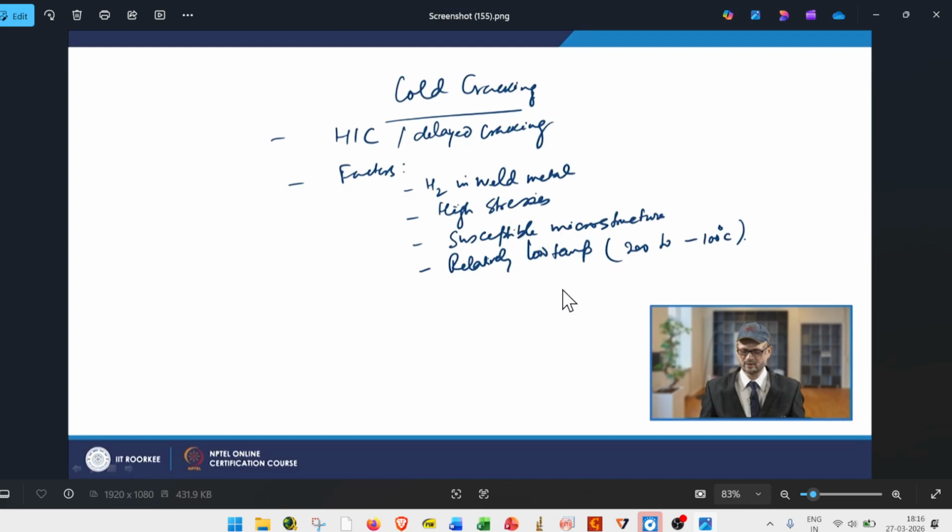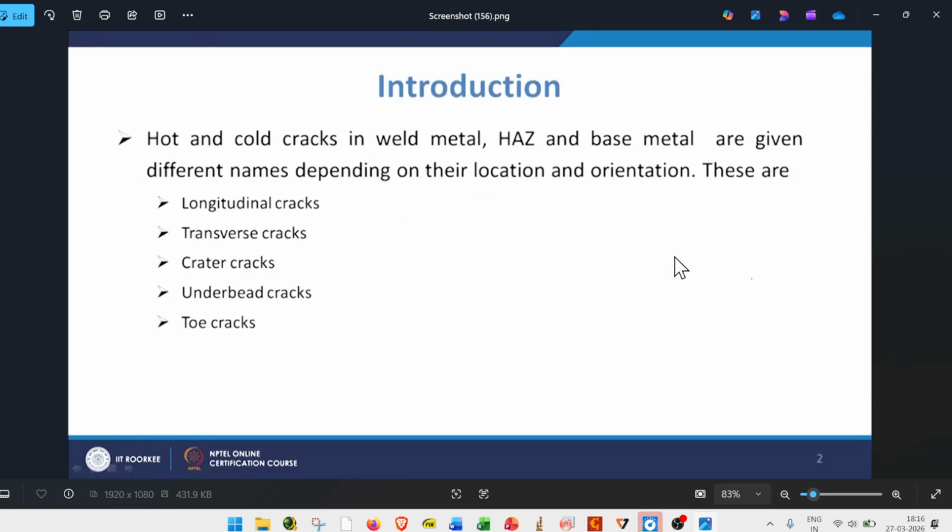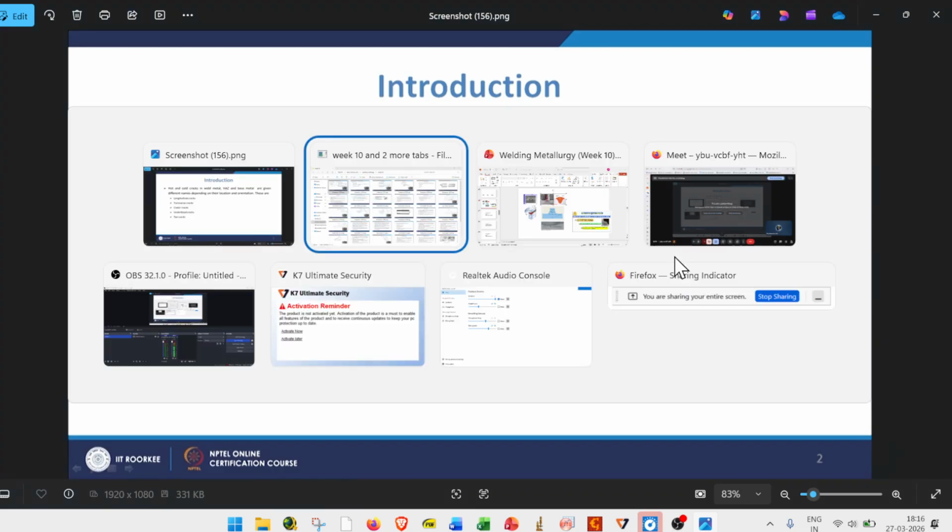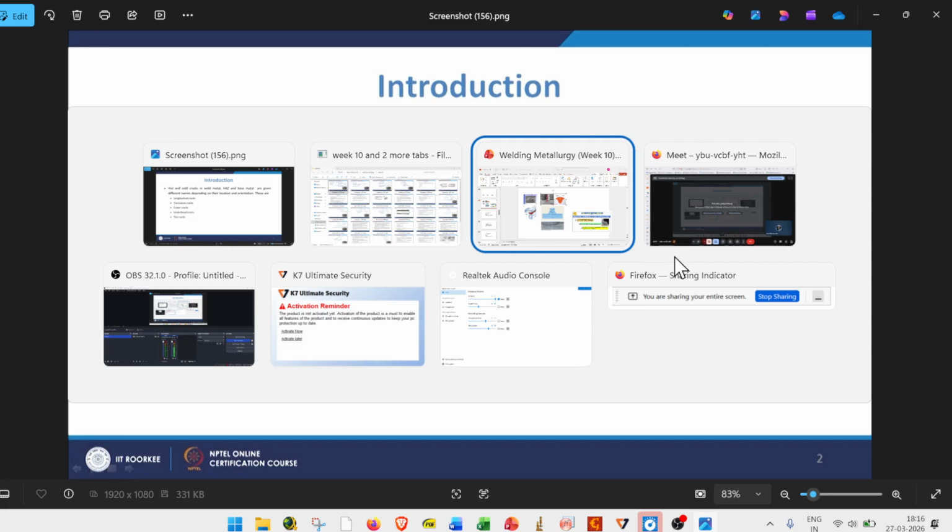If there is moisture during the welding process, moisture being H2O, the hydrogen comes from that moisture and enters into the material. It happens at relatively lower temperatures, around 200 to 100 degrees centigrade. So with this we can see the first class problems.